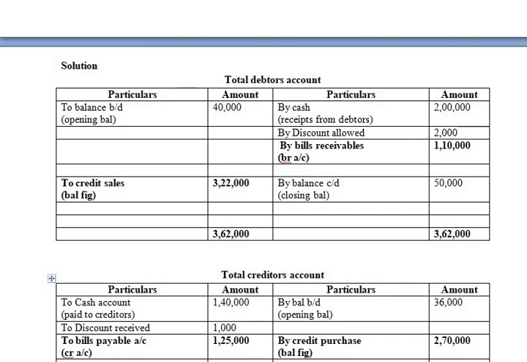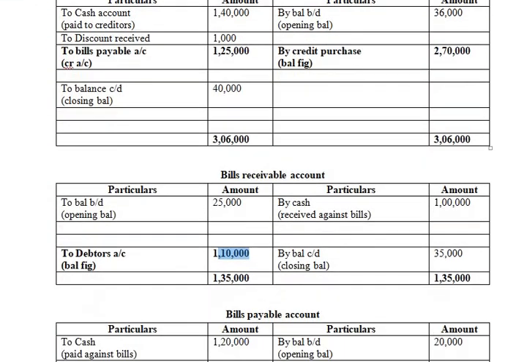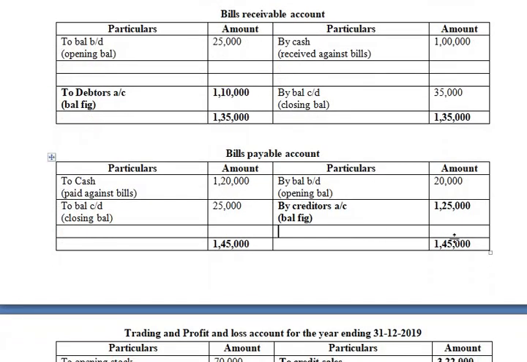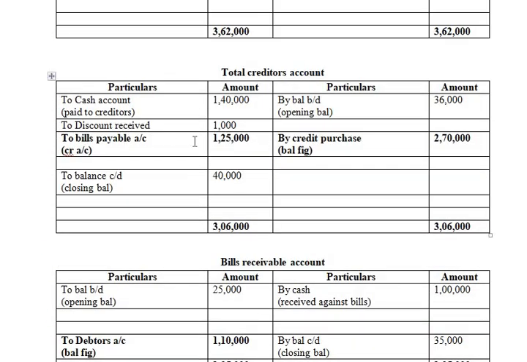Then you will close creditors account. So before you close creditors account, you will have to first close bills payable account. So close bills payable account first, and then balance of bills payable account goes to creditors account here. Balance of bills payable account comes to total creditors account.